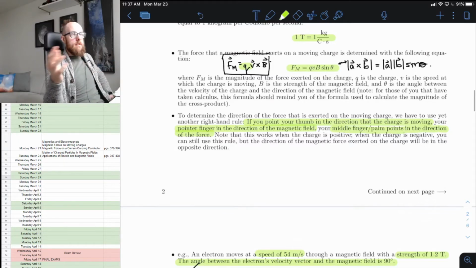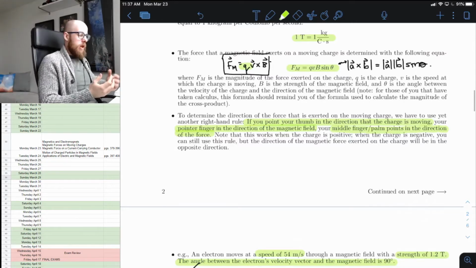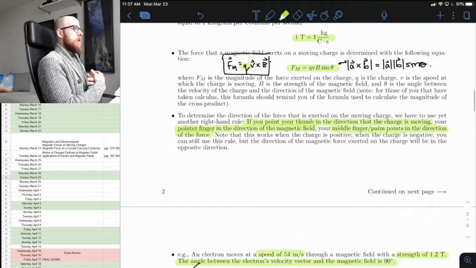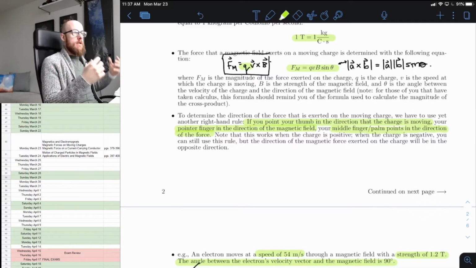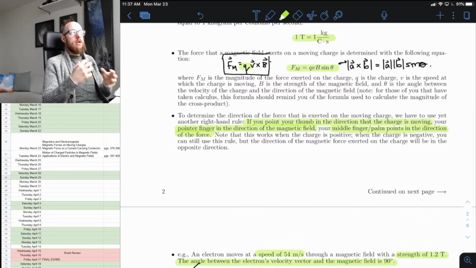However, now this goes back to what you were saying at the start, Costa. We very rarely just deal with single charges. Often we deal with many charges moving together. We deal with some sort of current or how the charge is changing with time.